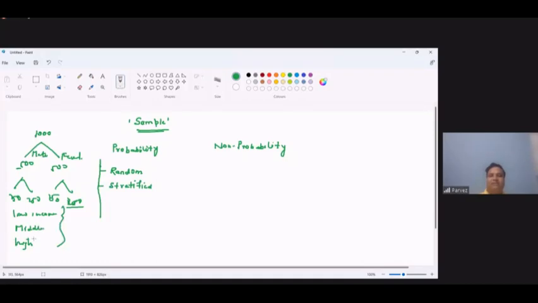I can divide like this: low, middle, high, male, female. We can do that, right? This is what we call the stratified sampling method, when you are dividing based on a certain category, either based on education or based on their income. Some characteristics I'll find out, and based on those characteristics, I'm going to divide the population. Is it clear what is stratified?